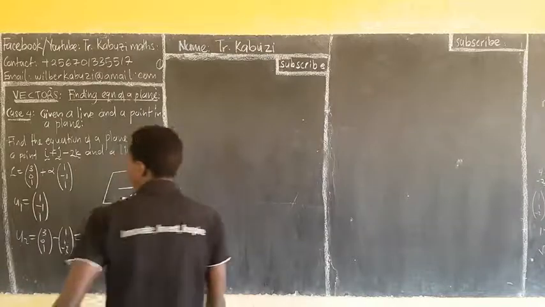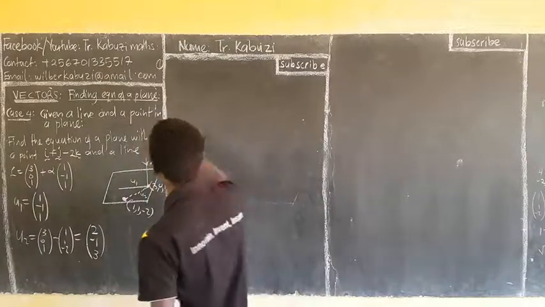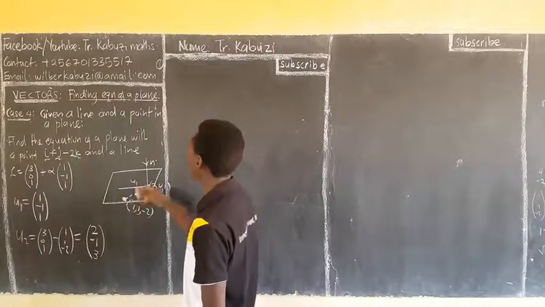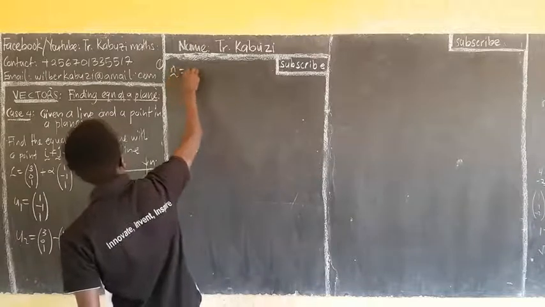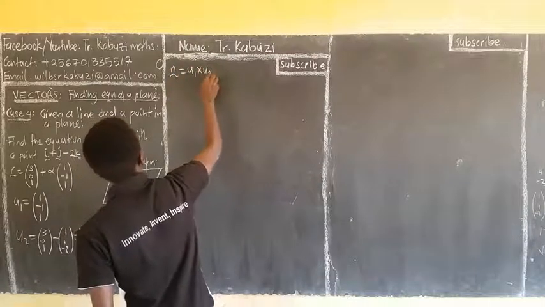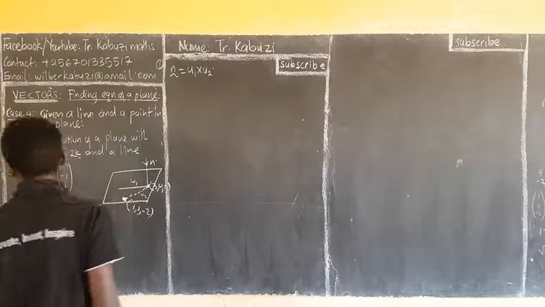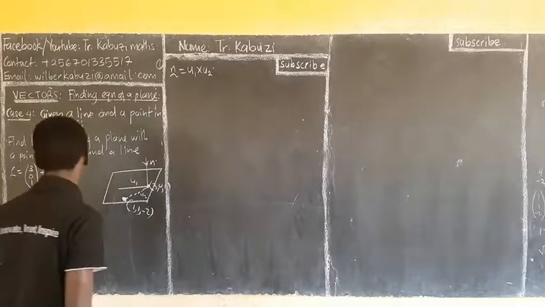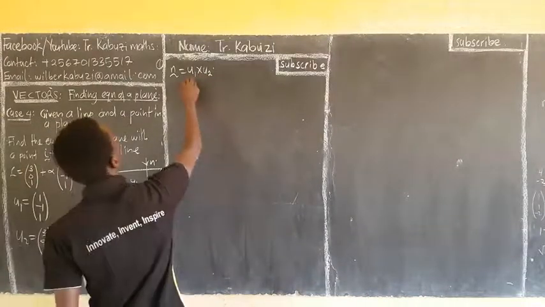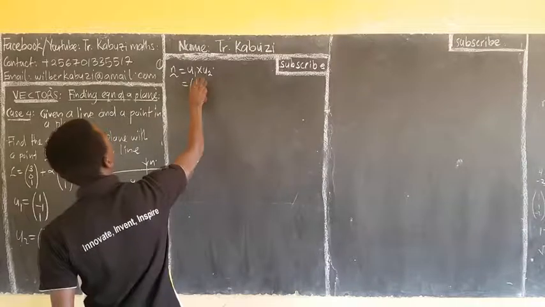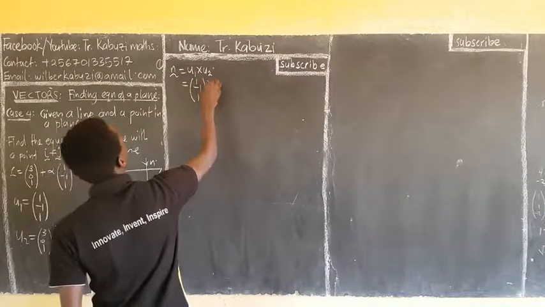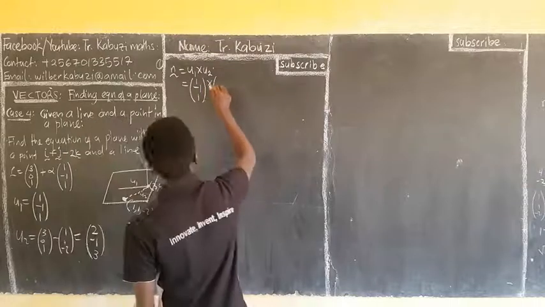Now from there, you know that to get your normal, you cross these 2 parameters. So now your normal is going to be U1 cross U2. To cross them, U1 is 1, negative 1, 1. I'm crossing it with U2.